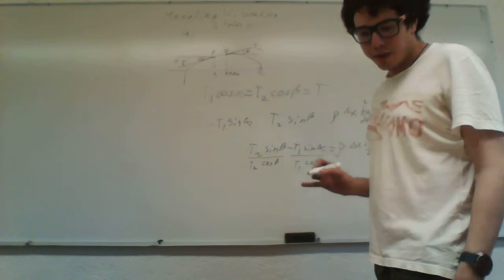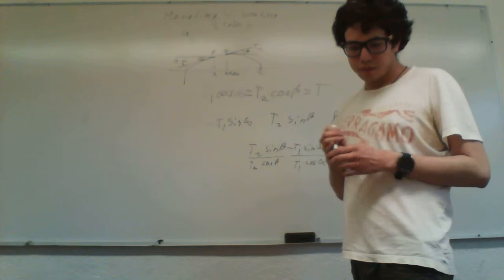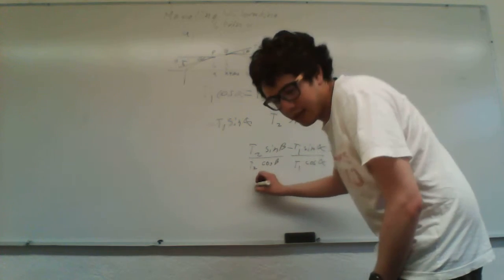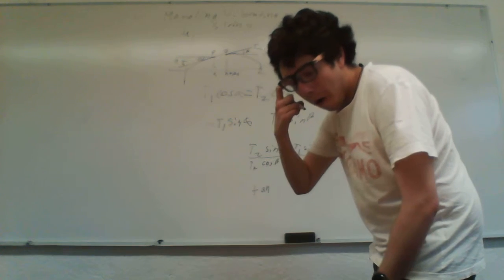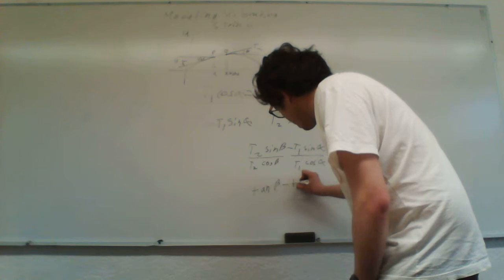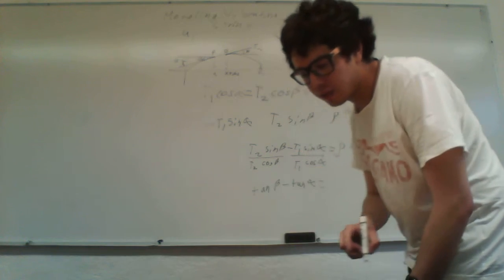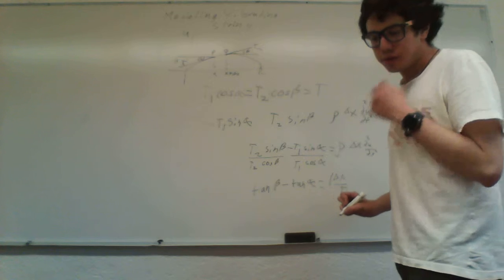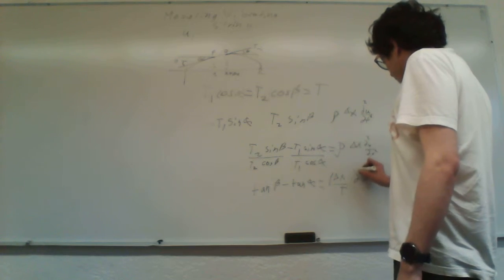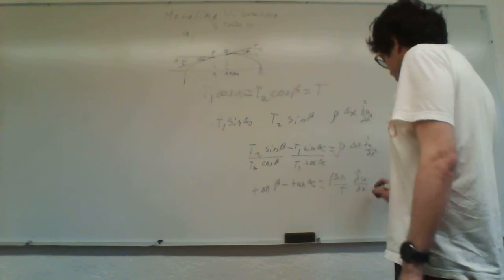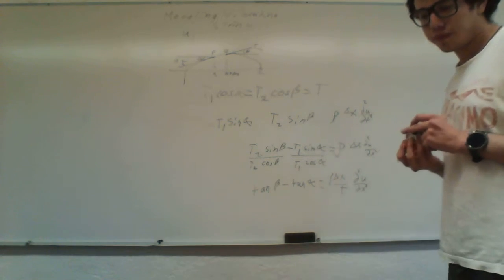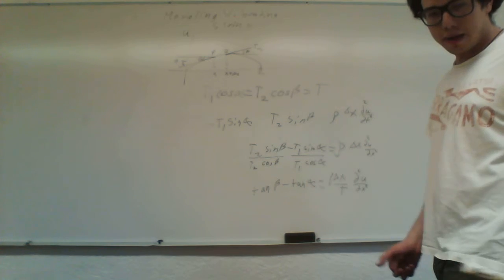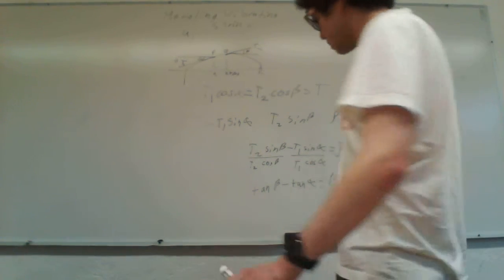These are the tangent of beta minus the tangent of alpha, which equals rho delta x over T times the second derivative of u with respect to t. So this is one equation.